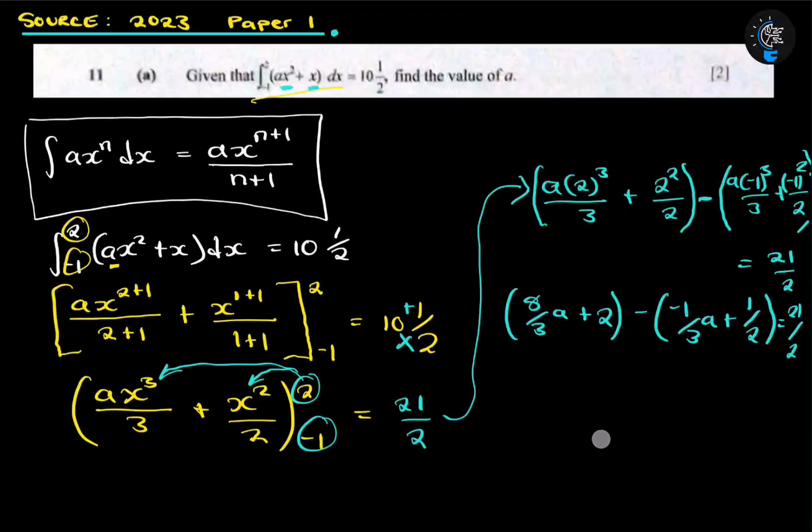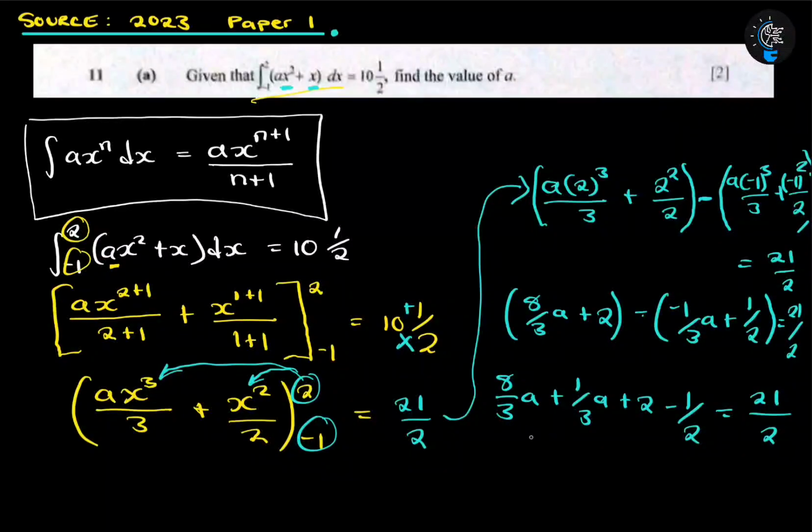Okay, let's create some space. From there we just need to subtract. We can say 8 over 3 a, minus times minus that will be plus 1 over 3 a, plus 2 minus half is equal to 21 over 2. From there we just need to work out the like terms.